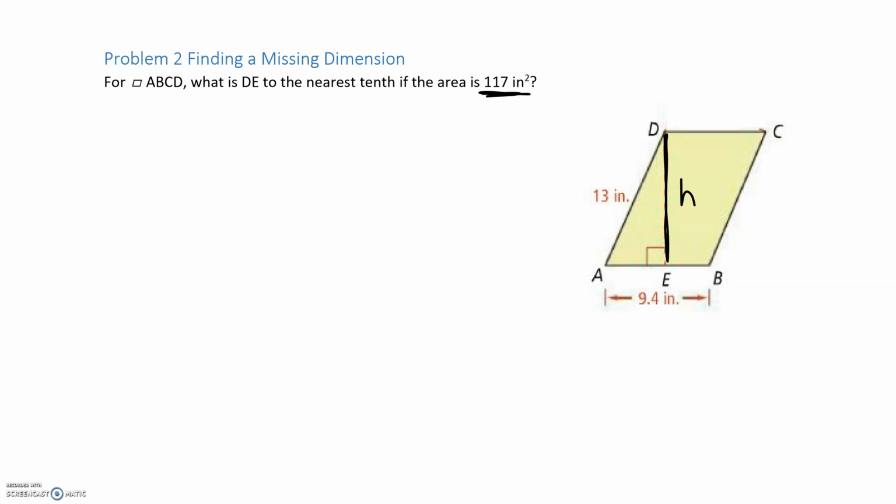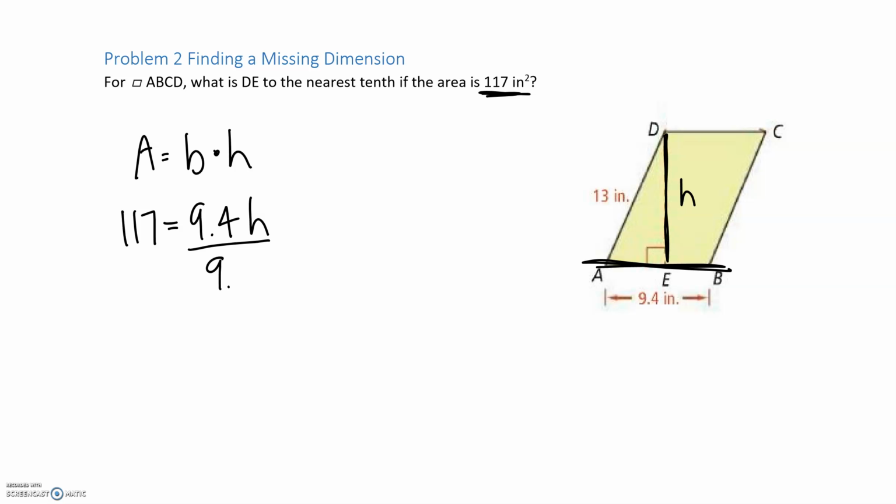Okay? So if we have area equals base times height, we plug in what we know. Our area is 117, and our base is going to be this 9.4 down here, because that's where our altitude hits. So 117 equals 9.4 times h. So we are going to divide both sides by this 9.4.